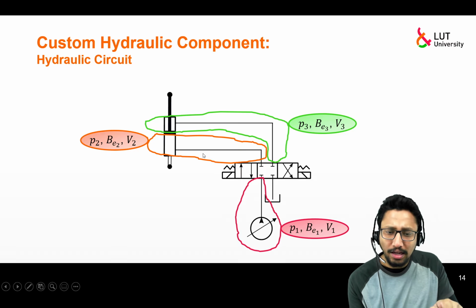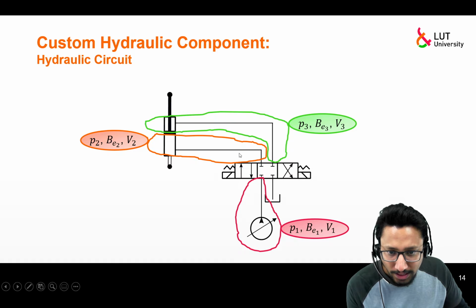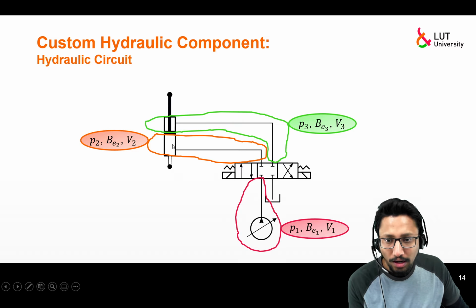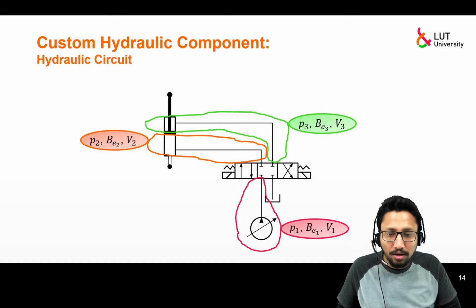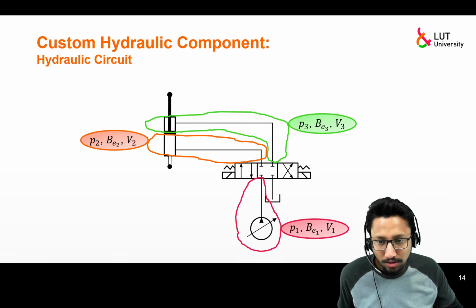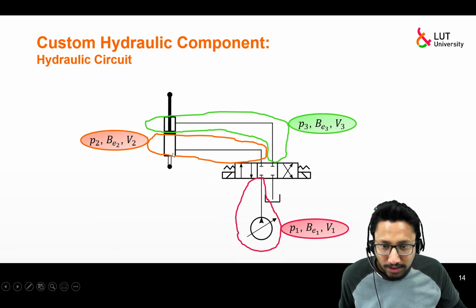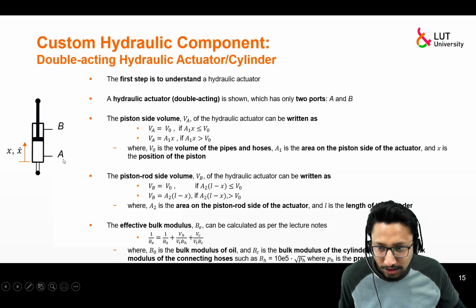I have provided the equation, I'll go to that. And then there is fluid inside this, basically oil, and that oil also has a certain bulk modulus. So these are the three components comprising section 2.